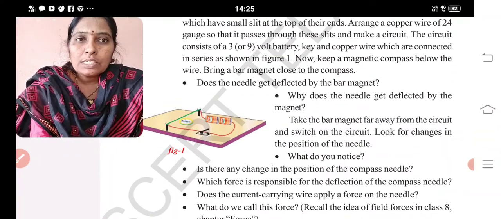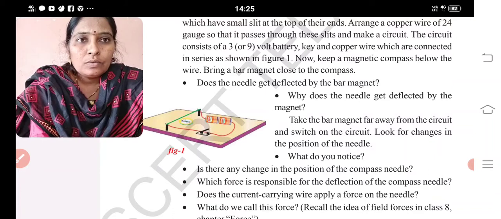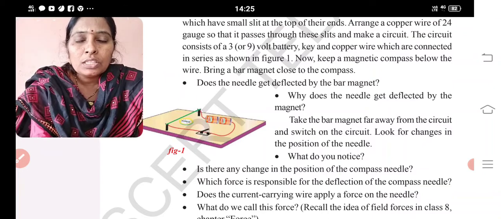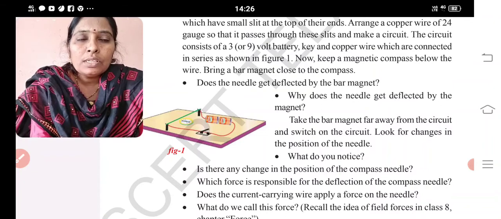Take a thermocol sheet and wooden sticks of 1 centimeter length and have a slit on it. Both the wooden sticks are arranged on the thermocol, and through that slit pass a copper wire of 24 gauge, connected to a 3 volt or 9 volt battery.